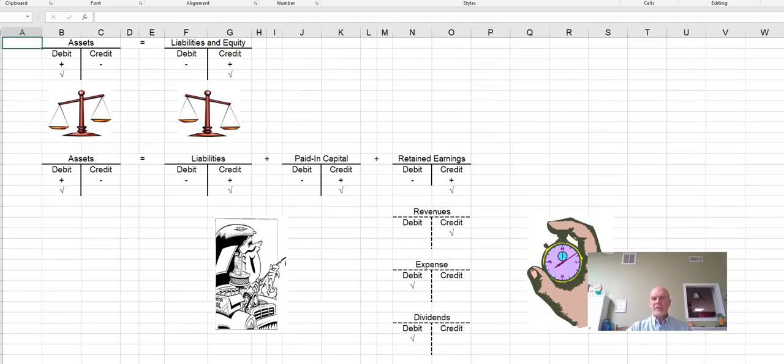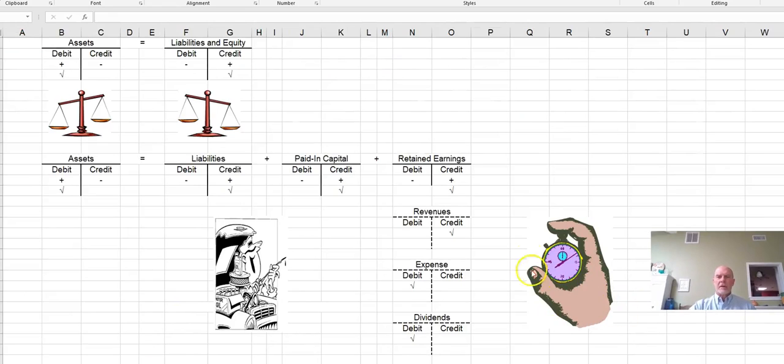One other final comment about that, I just like to represent it this way. The temporary accounts are kind of like a stopwatch. These accounts that I draw with a dotted line, those are temporary in nature. We create them to collect the revenues and expenses and dividends that happen during the period.